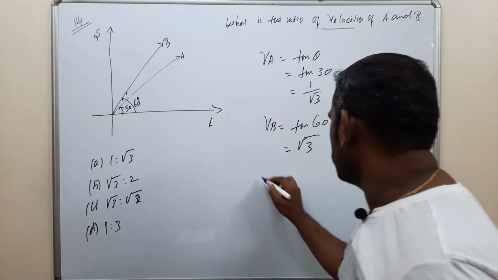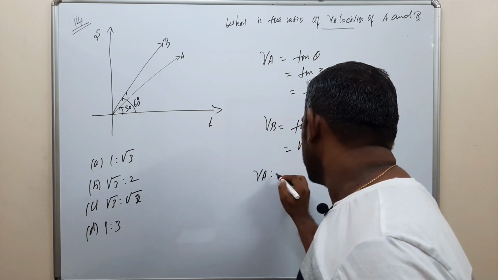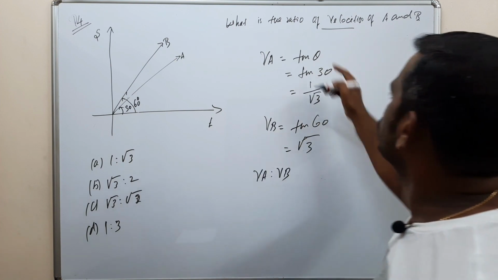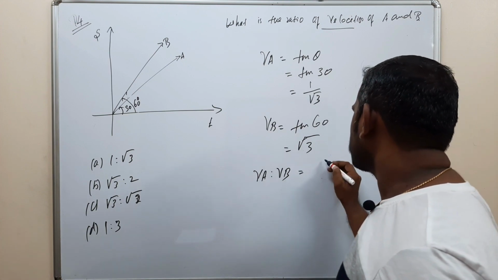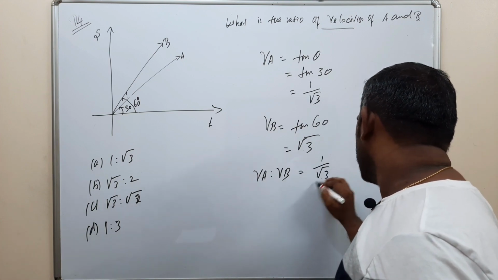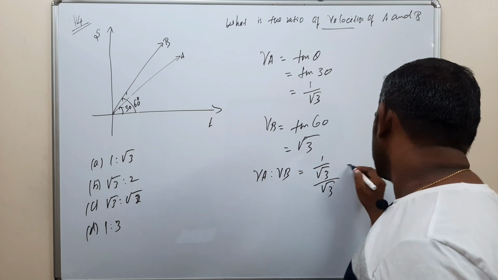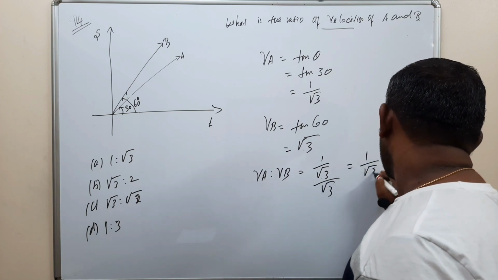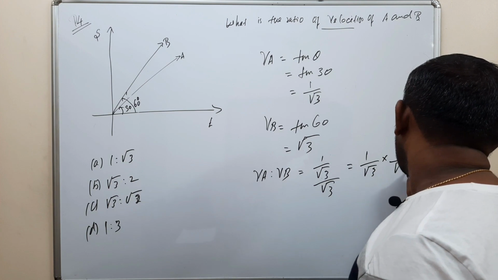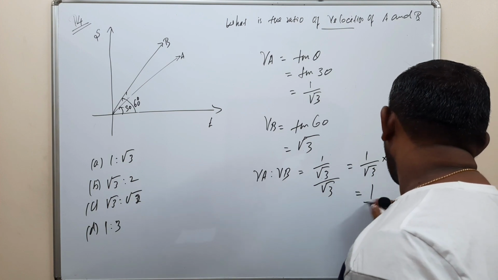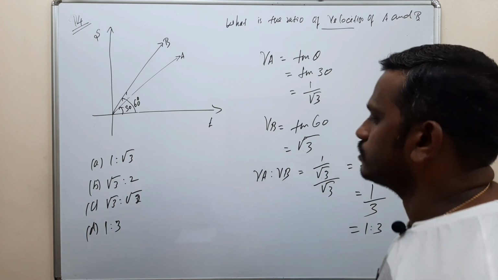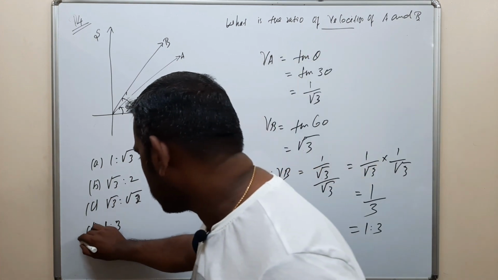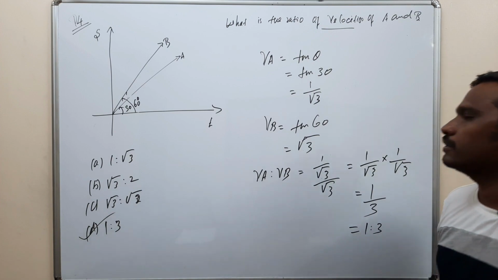We have to find VA is to VB, the ratio of the velocities of A and B. That is 1 by root 3 divided by root 3, which is 1 by root 3 into 1 by root 3, equal to 1 by 3. That is 1 is to 3. So option D is the answer.